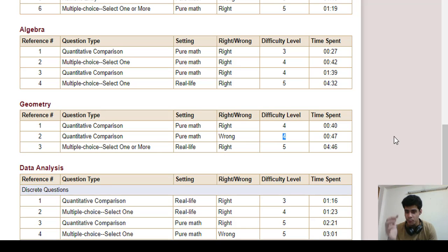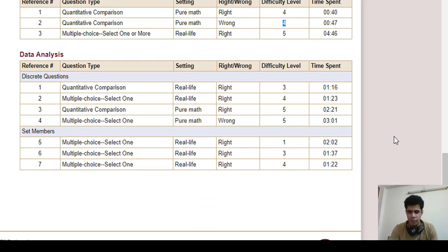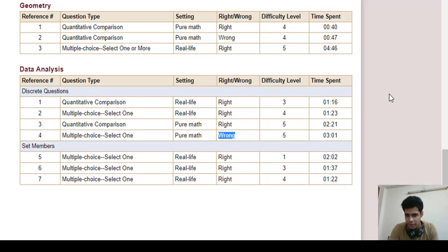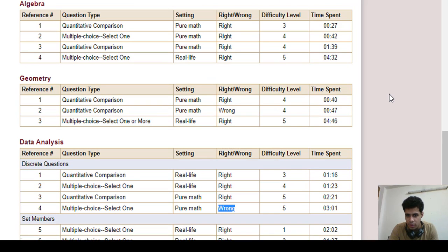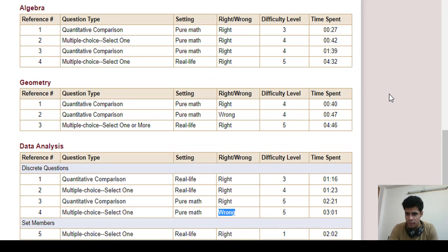So again, all of the other questions are correct. Actually, there's one more incorrect. So I got 3 incorrect and 2 marks deducted. Why was that? As I showed in one of my previous videos, how the GRE marking system works, you need to know that. It's basically because in the first section I got all of them correct, and this section was very hard.